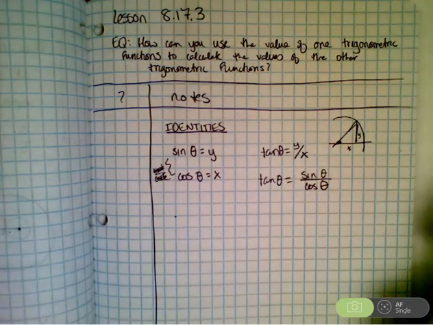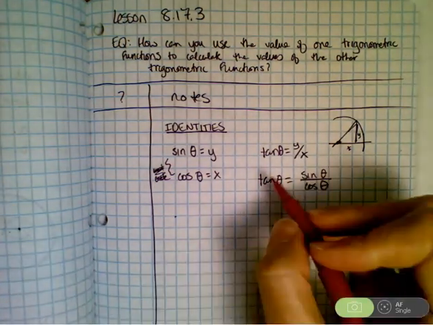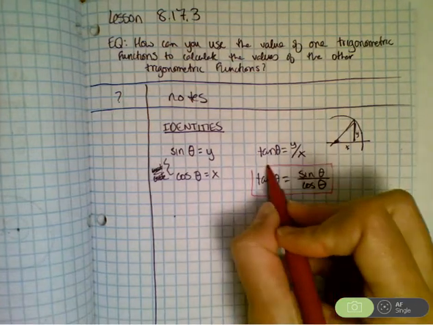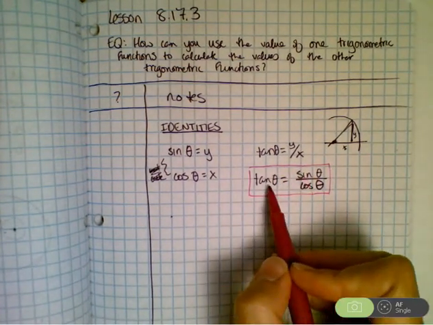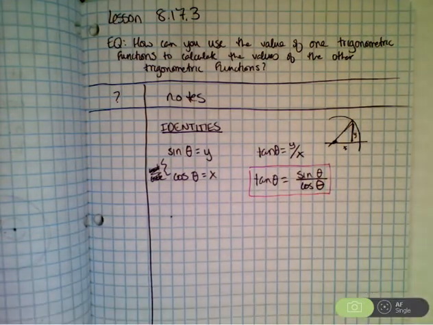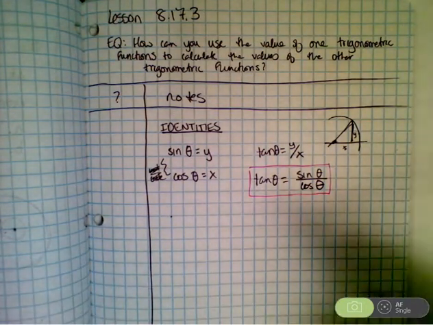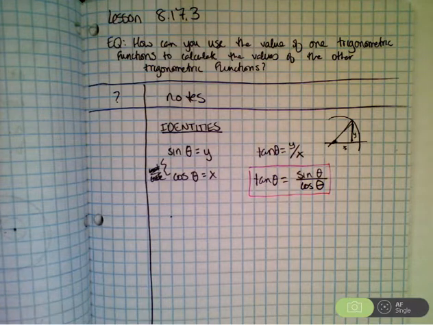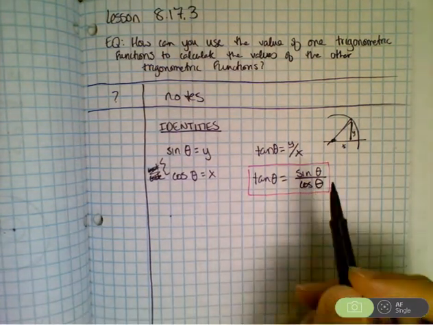So if you know the sine and the cosine of an angle, you can always find the tangent. And that also means that if you know the tangent and the cosine, or the tangent and the sine, you can find the third one. So we're going to use this so that we can find trig functions without having to find an angle. That's our goal here, to find all three things without having to find an angle first.